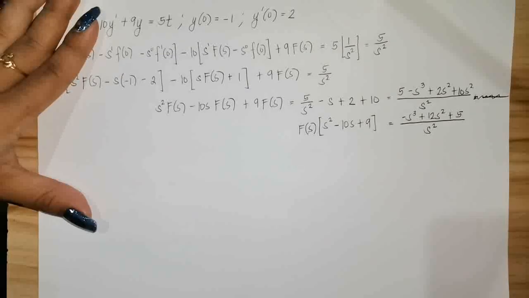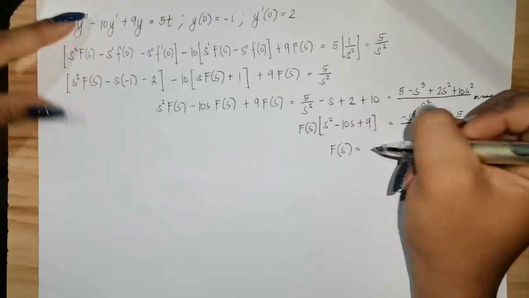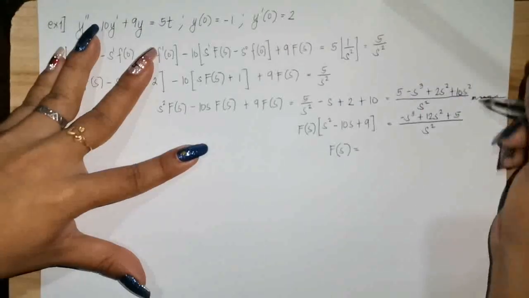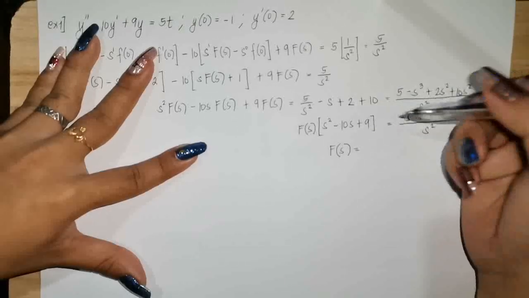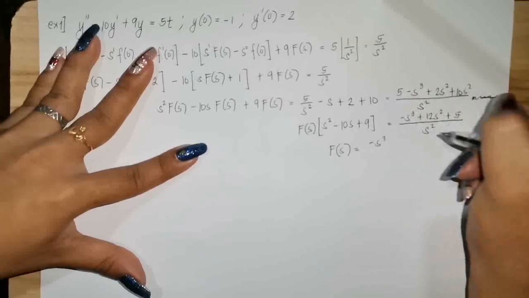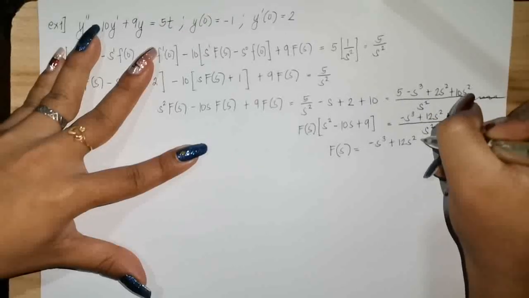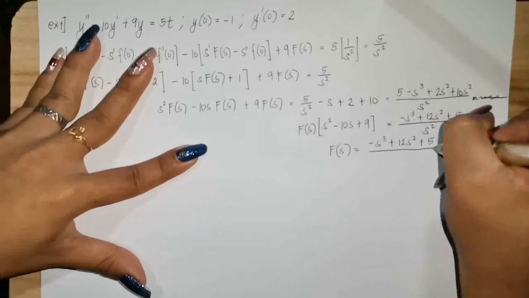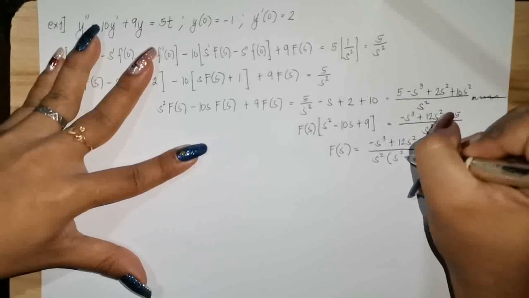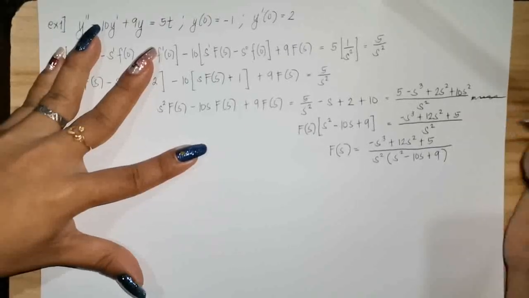Now, to get the Laplace transform of the given differential equation, you have to divide both equation by s squared minus 10s plus 9. So, ang mangyayari, ang magiging equation mo is negative s cubed plus 12s squared plus 5 over s squared multiplied by s squared minus 10s plus 9.